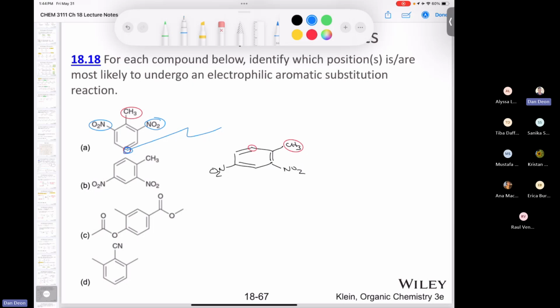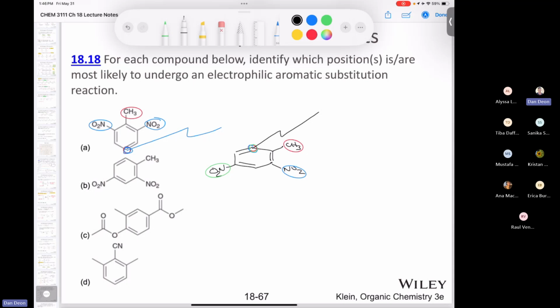And then this nitro group is directing to this meta position and this one, but this one has something on it. And then this nitro group is directing to this meta position, which has something on it, and this one here. So what's the take-home message? The spot that's activated is this one here. All right, let's take a look at the next one.